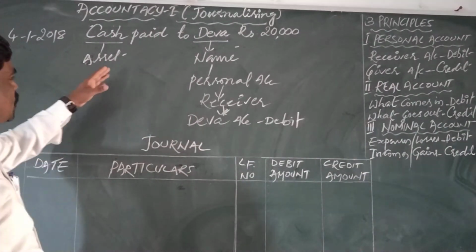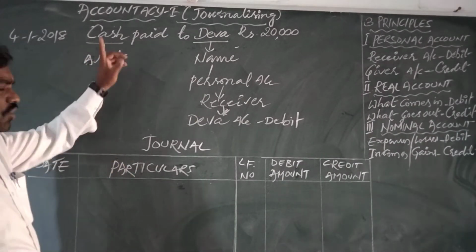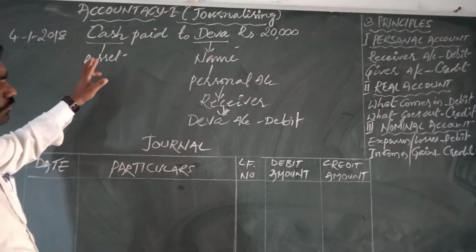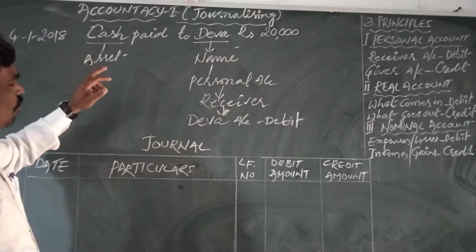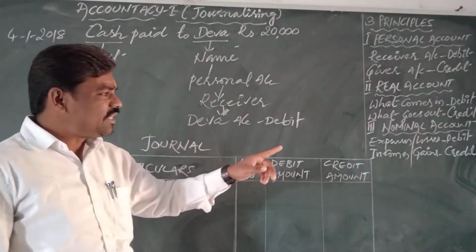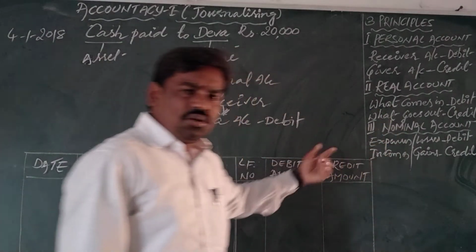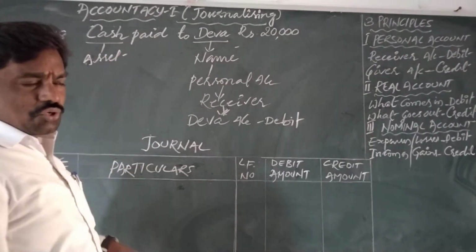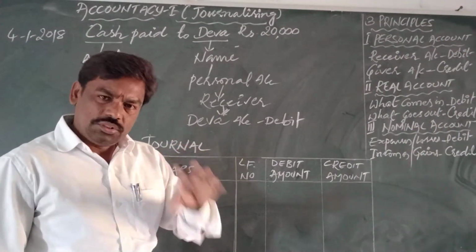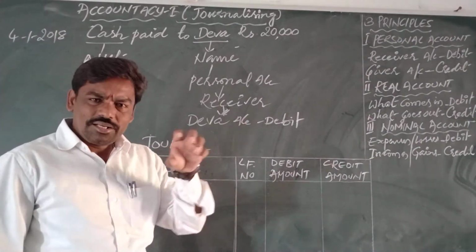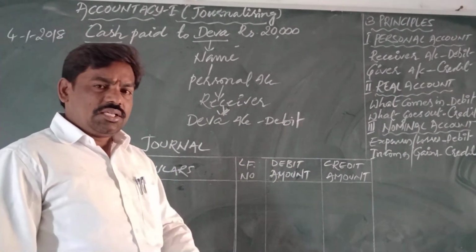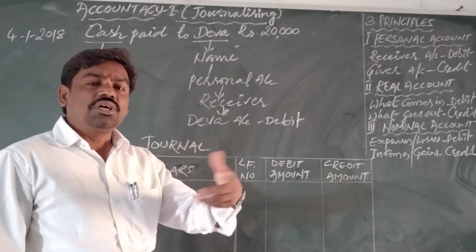Come to the next one, cash. Cash comes under real account. What does the real account principle say? What comes in debit, what goes out credit. When we paid cash to Deva, is cash coming into the business or going out of the business? Yes, cash going out of the business.